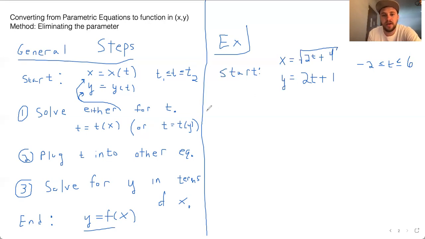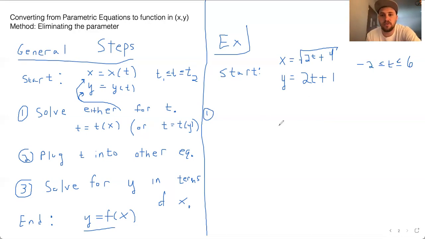And what's step one? Step one is to solve either of these for t. Well, when I look at these, I'm free to choose whichever one I want. I notice here that the equation for y looks a little easier to solve for t.